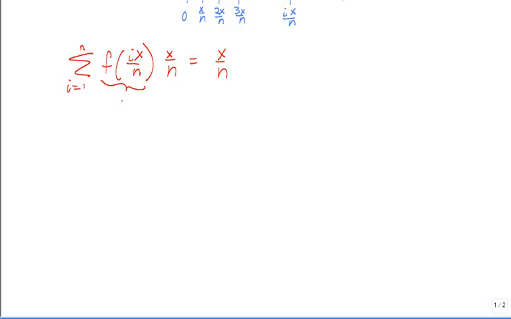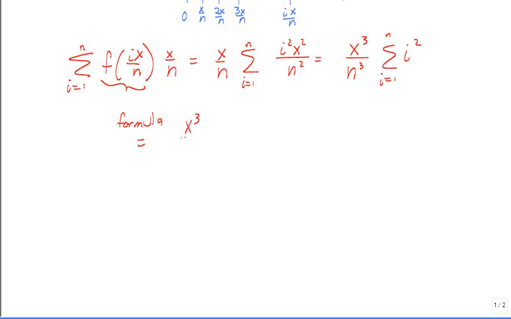Well, our function is t squared, so we're just going to square it, and we get x cubed over n cubed times the sum of i squared. Using the formula for the sum of i squared, that's going to be n(n+1)(2n+1) over 6.